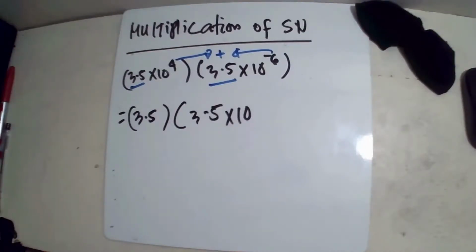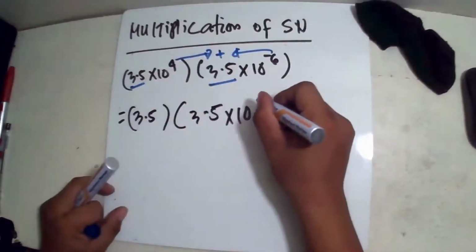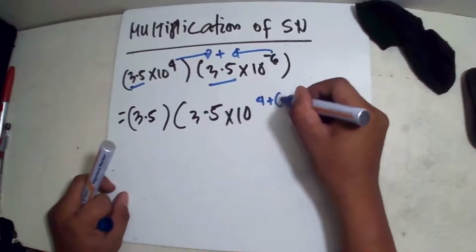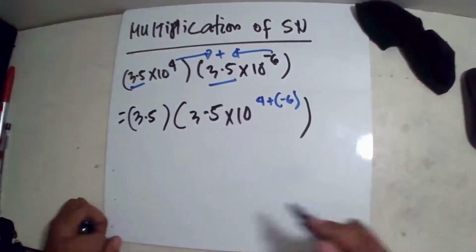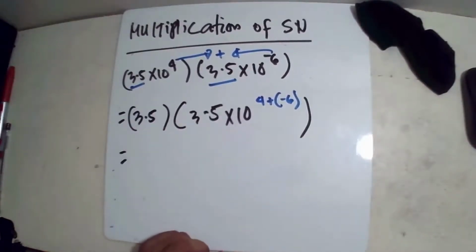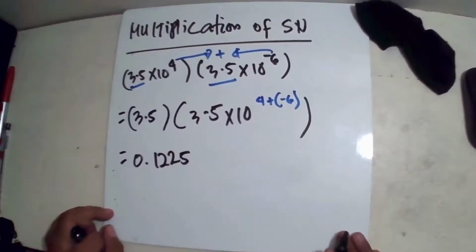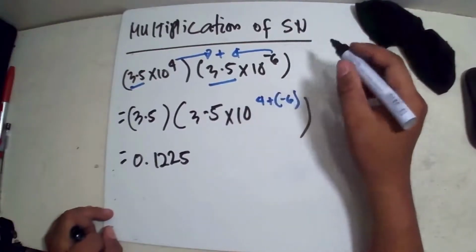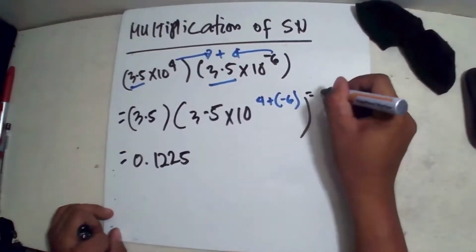The exponent of that is 4, plus this one, negative 6. You multiply 3.5 times 3.5, which gives you 12.25, and you do the operation here, 4 plus negative 6, which becomes, of course, negative 2.